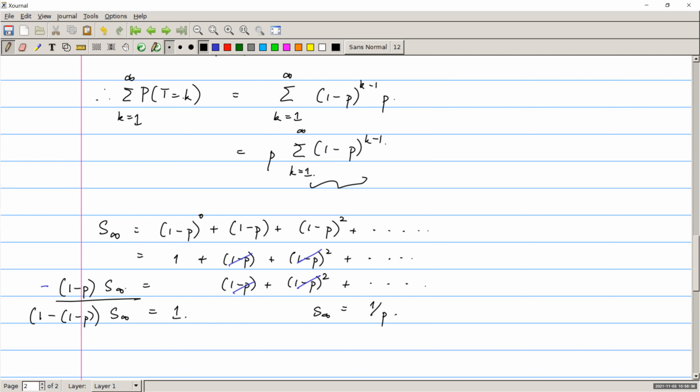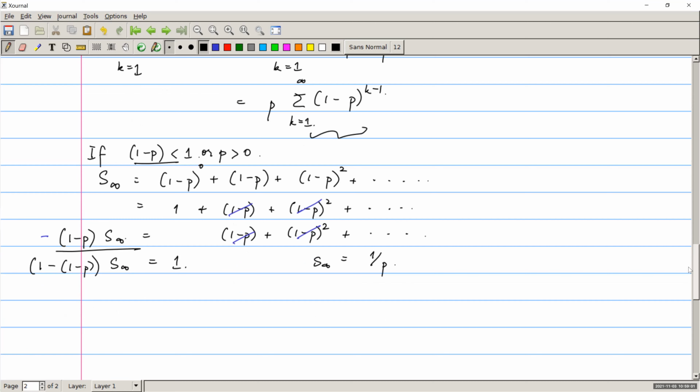This is true if 1 minus p is strictly less than 1, which means that p is strictly greater than 0. So this geometric sum is important.